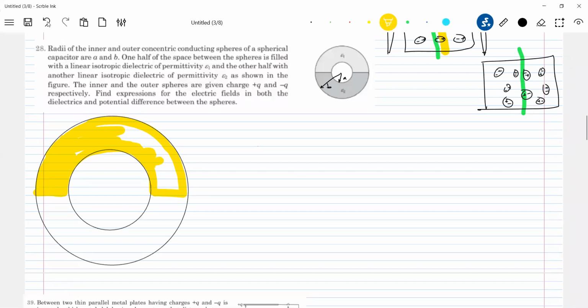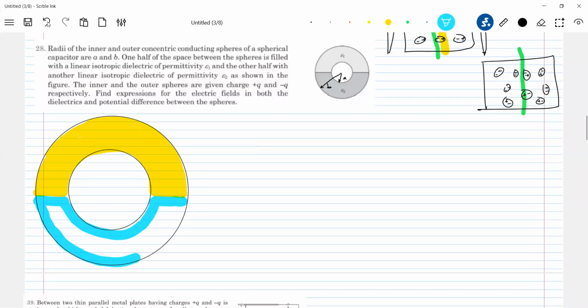Yeah, the diagram got over. So this is the radius A. This is epsilon 1 and epsilon 2.